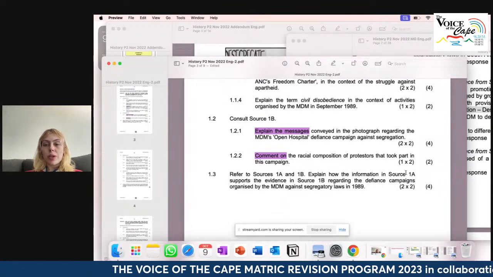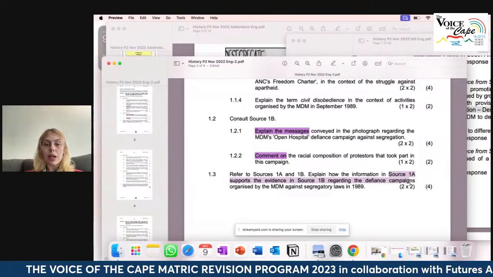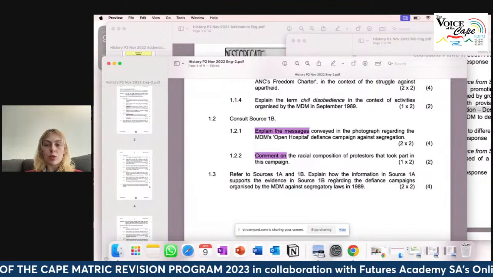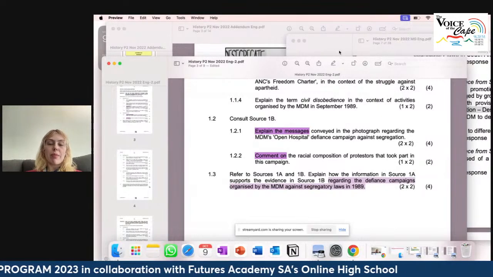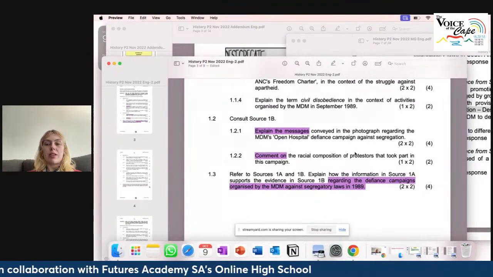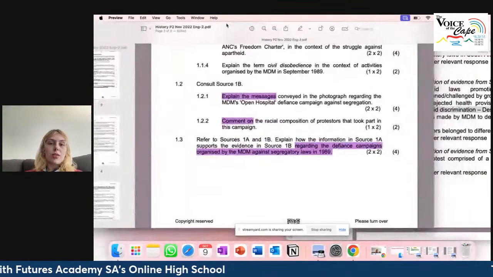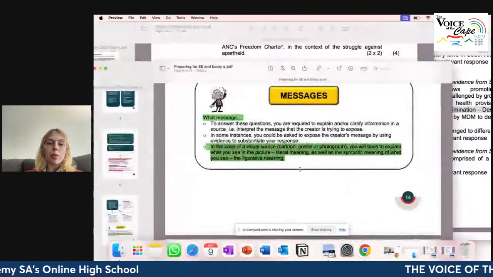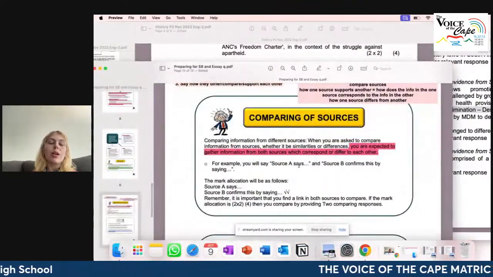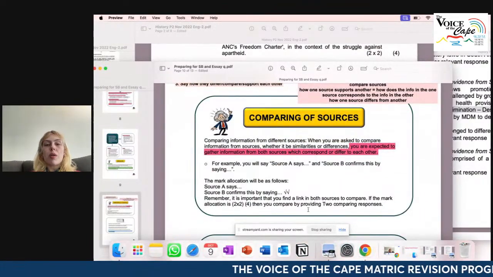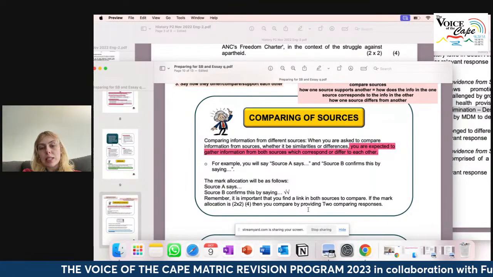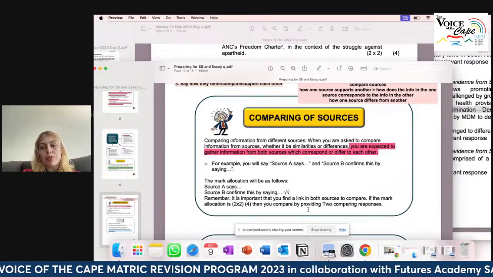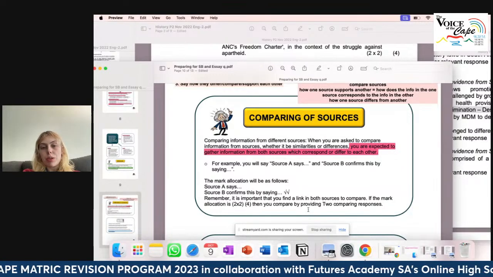So it asks you to explain how the information in source 1A supports the evidence in source 1B regarding the defiance campaigns organized by the mass democratic movement against segregatory laws. Okay, so what do we do when we want to compare sources? When you are asked to compare information from sources, whether it be similarities or differences, you are expected to gather information from both sources which correspond or differ to each other.